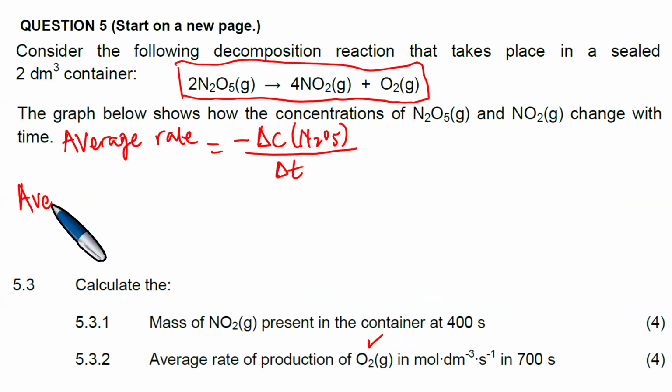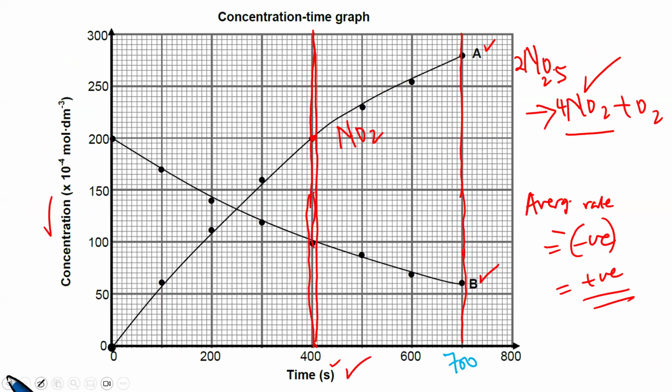So now we have the average rate. In the end, what is the change in concentration of N2O5? Let's check.